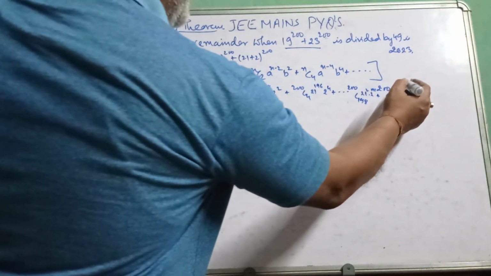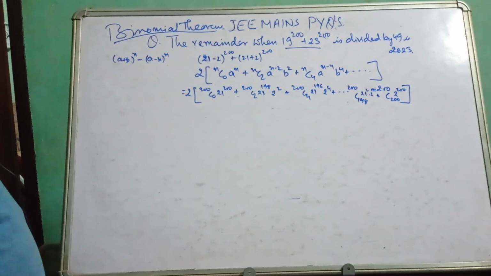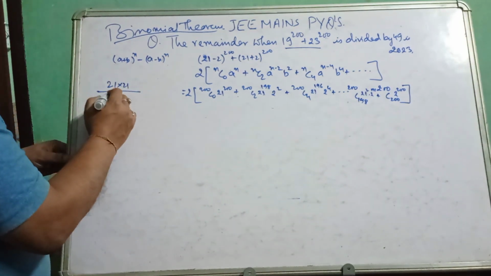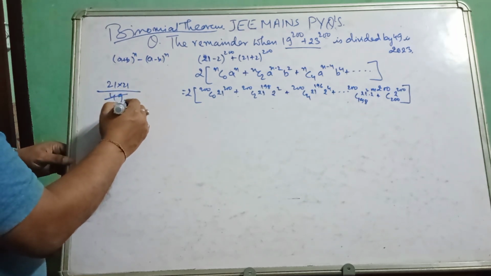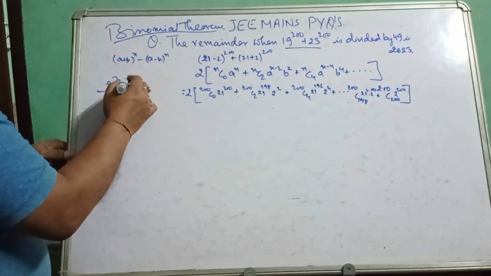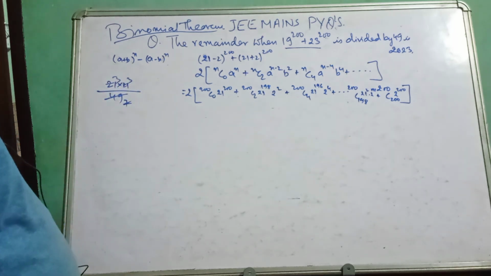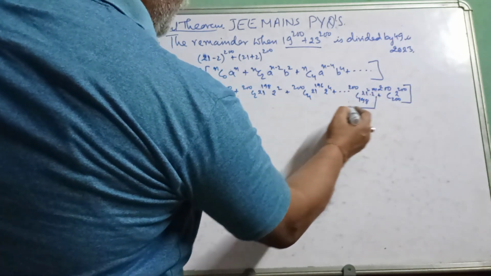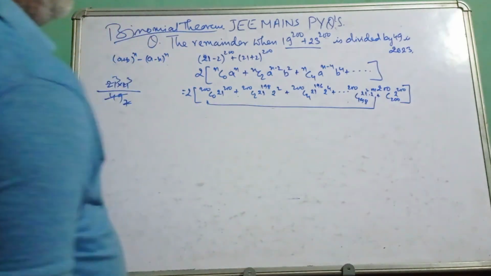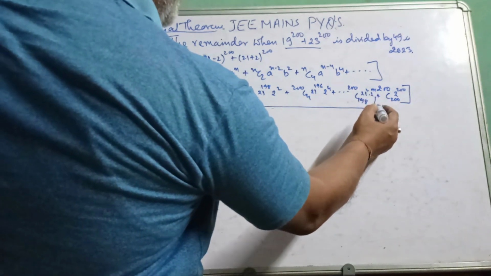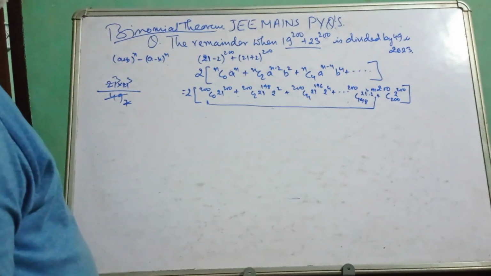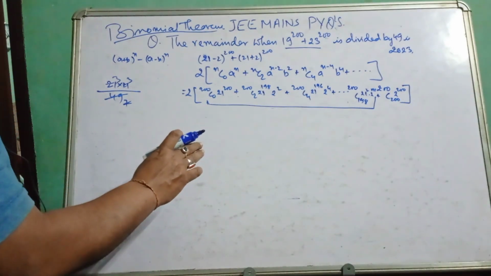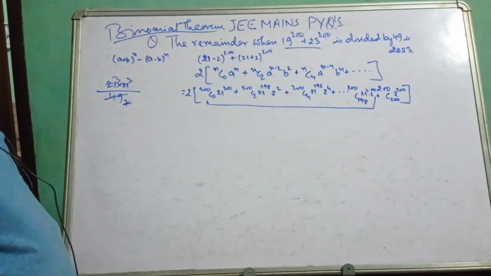So here we see one thing: 21 into 21, this is divisible by 49, because 7 3s are 21. That means up to this 21 squared term it is divisible by 49.